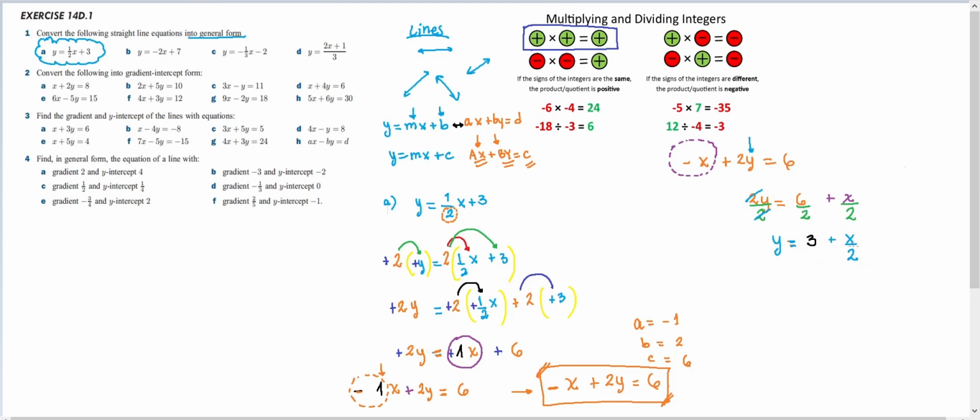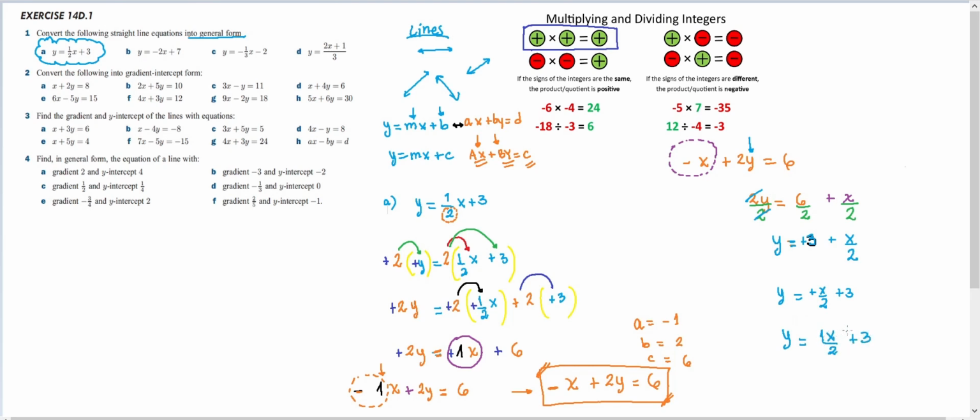So I'm going to switch them, rearrange them, and I'll say that y equals positive x over 2, positive 3, because this 3 is positive, and I'm not crossing that bridge. I'm still on the same side, on the right side of the equation, okay? And y can also be written as 1x over 2 plus 3.